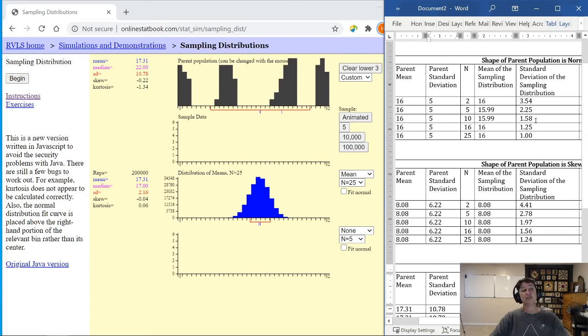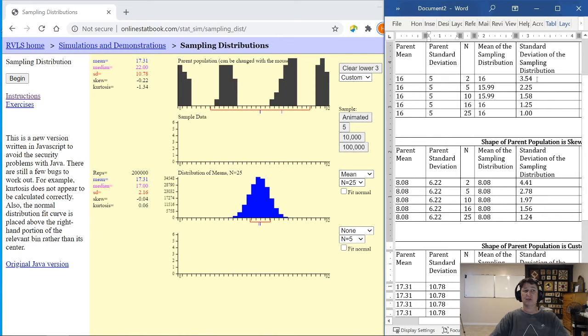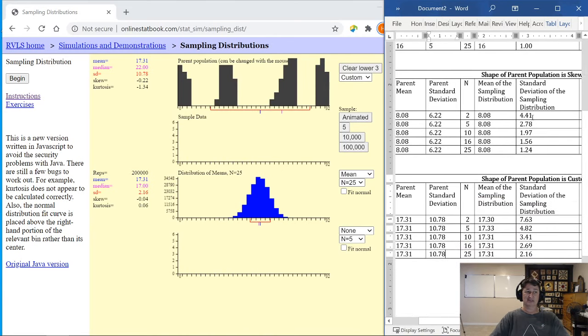But the standard deviation, as my sample size increases, the standard deviation for my sampling distribution decreases. Now I want to look for a minute just to see if we can figure out how this is decreasing, or what the ratio is, or what's causing that decrease.